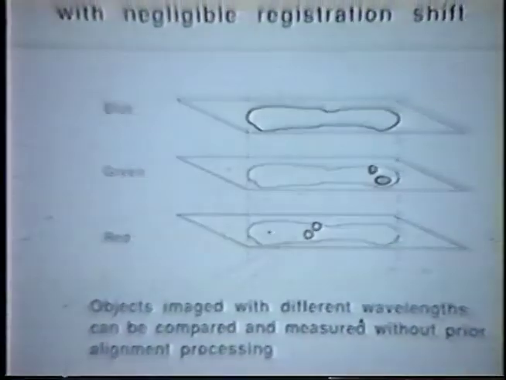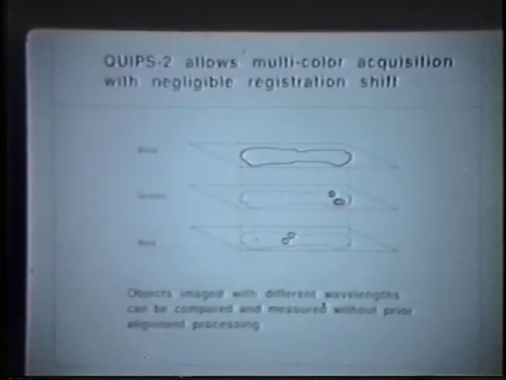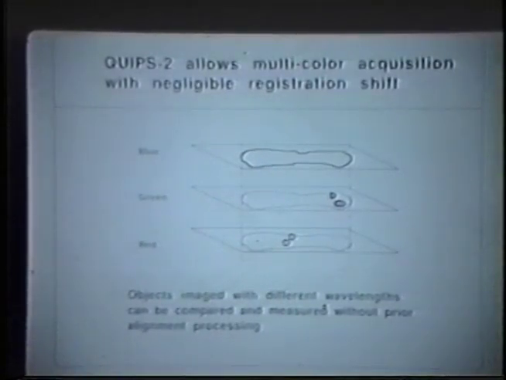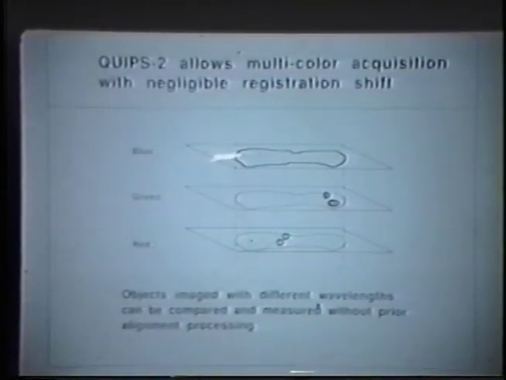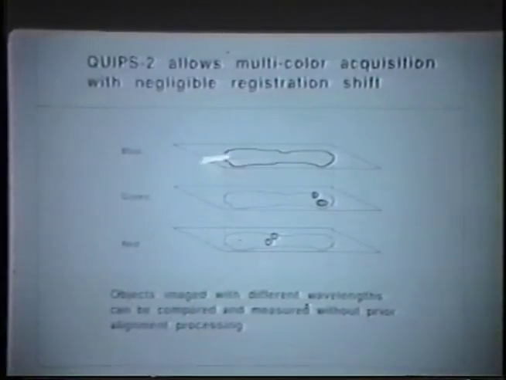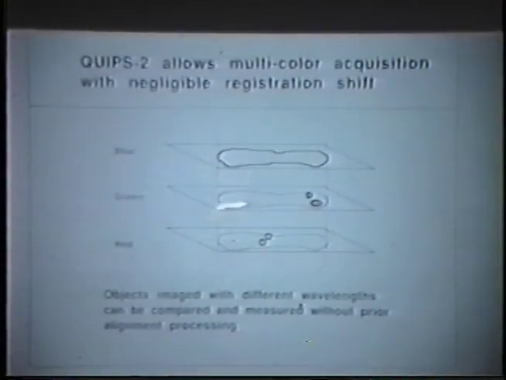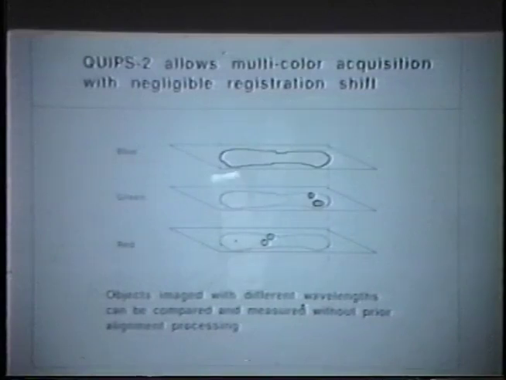Well, the general approach here to using microscopy for fluorescence in situ hybridization is to acquire multicolor images with negligible registration shift. The idea here is that we change the filters in the microscope so that we generate a blue image on the CCD, a green image, and a red image, acquire these three images separately, and then combine them in the computer to give us our multicolor image.